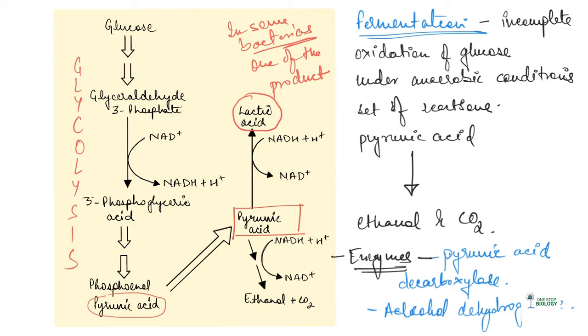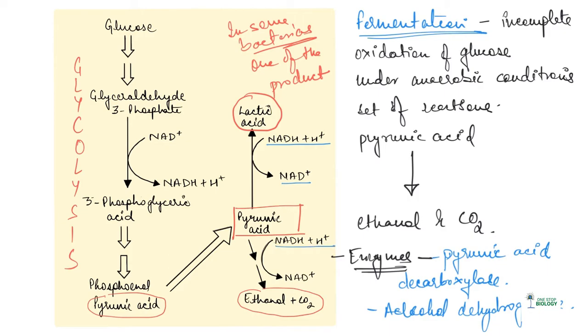And the other product that we discussed is ethanol and carbon dioxide. In both the cases, energy is being used, right? So here as well, you can see NADH being converted to NAD plus.